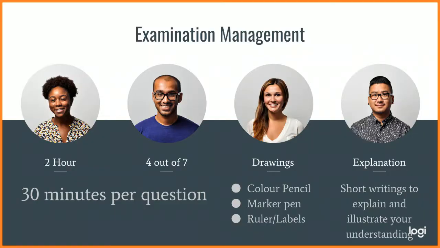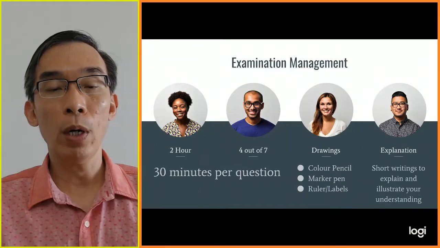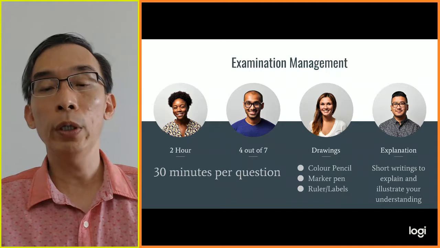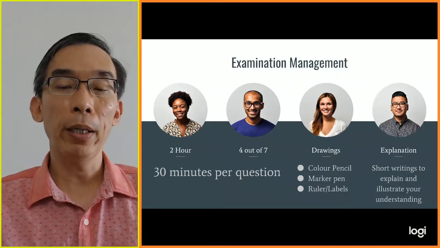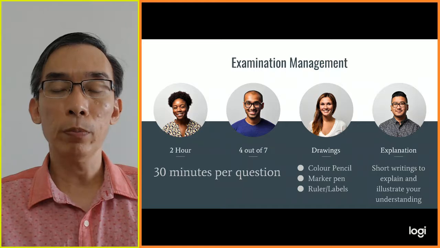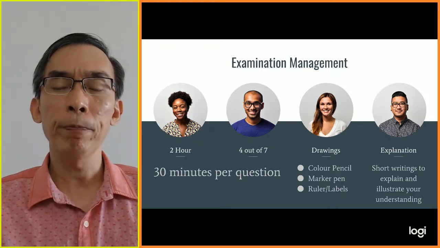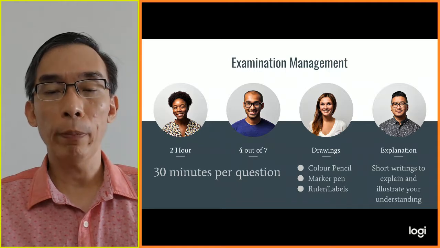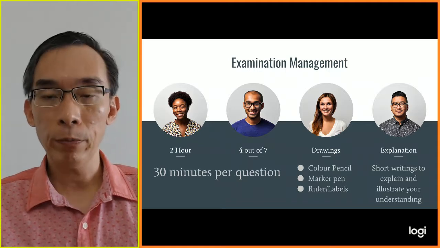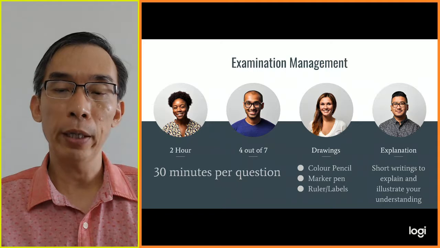So, examination management is 30 minutes per question for 4 out of 7 questions, a 2 hour paper. For drawings, use color pencil again, and marker pen if you have. Sometimes with marker pen you have to be careful, because some of the inks can be very porous. It goes through the paper, and then you have dots on the answers that you had beneath.